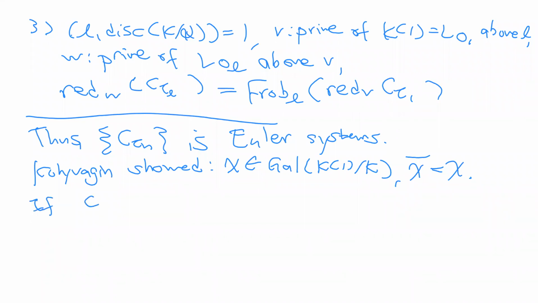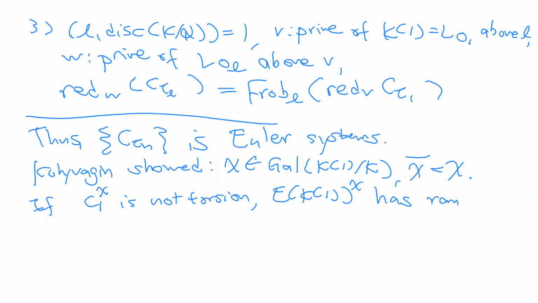If the χ part of the Heegner point of conductor 1 is not torsion, then the χ part of E(K_1) has rank 1. The actual result is a little stronger, because he showed that the Selmer group has corank 1, so his result implies something about the Shafarevich-Tate group being finite.